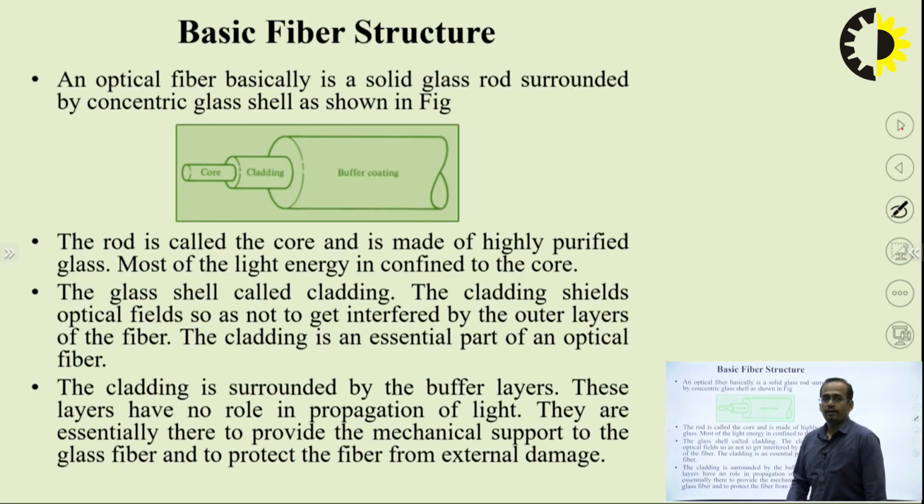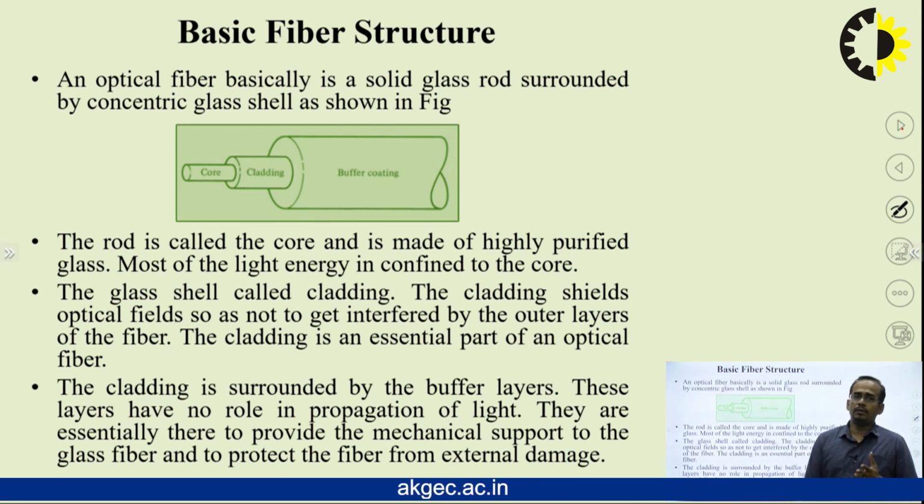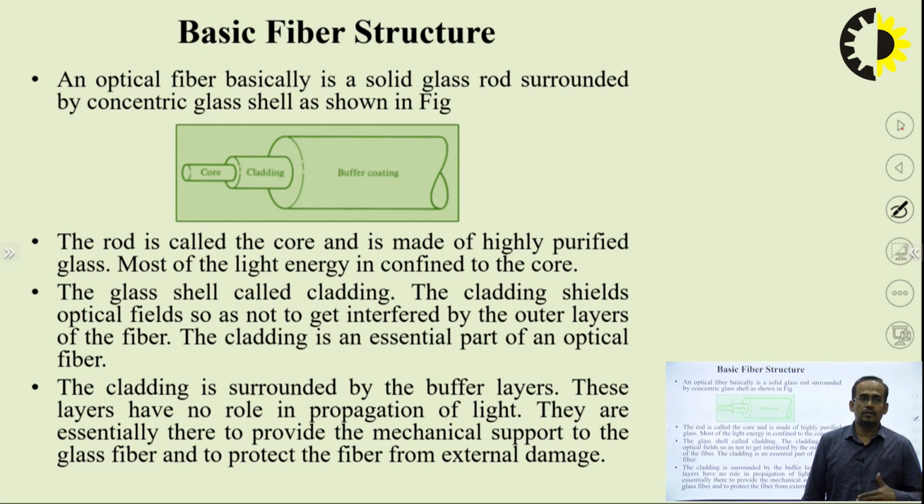This is the basic fiber structure. The core is surrounded by the cladding, the cladding is surrounded by the buffer, and the buffer is surrounded by the jacket. So basically an optical fiber is a solid glass rod surrounded by a concentric glass shell, as shown in this figure.